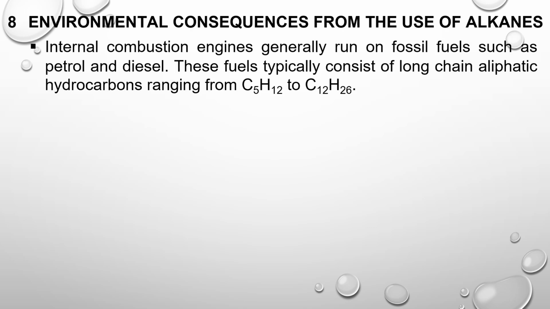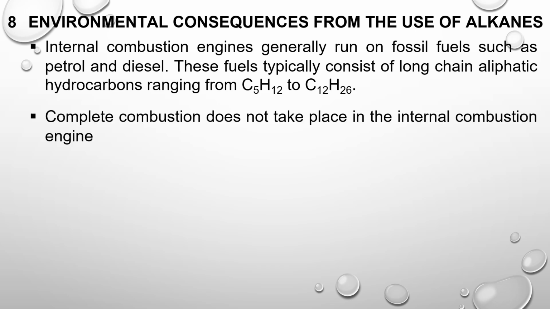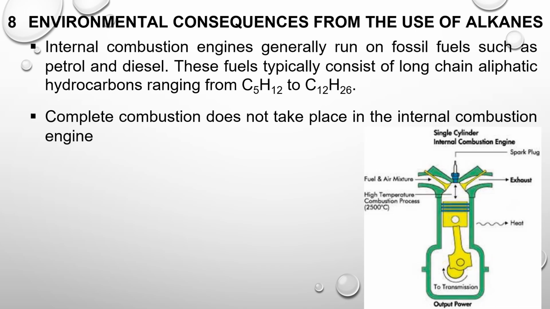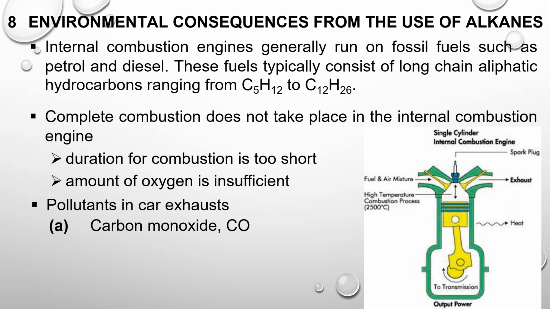Moving on to the next part, it is talking about the environmental consequences of the use of alkanes. I think you know that alkanes are used in fuels like your petrol and your diesel. So basically they are combusted, and because they are combusted, carbon dioxide will be produced, but sometimes if there is incomplete combustion, then you might have some pollutants that we do not want.